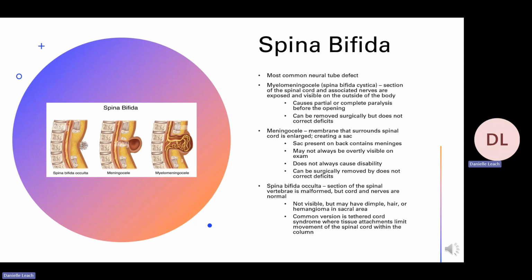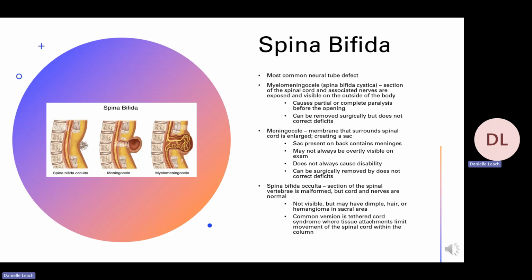They do still have the potential to have paralysis or some degree of muscle movement problems or sensory loss, but it doesn't always cause that and is usually more mild than the myelomeningocele. This one also can be surgically removed, but it also does not correct any deficits that the child may have.